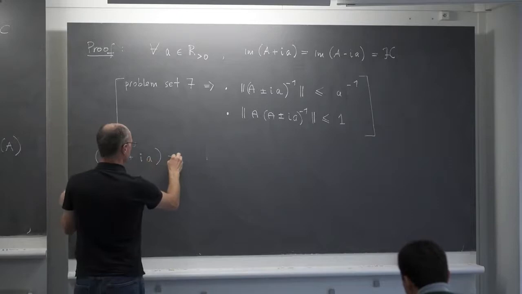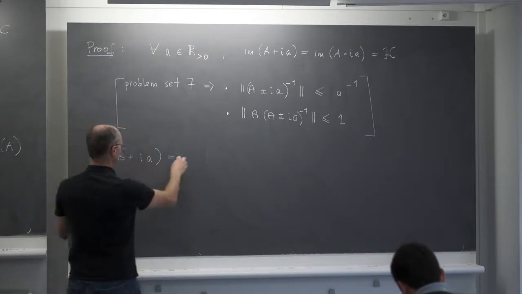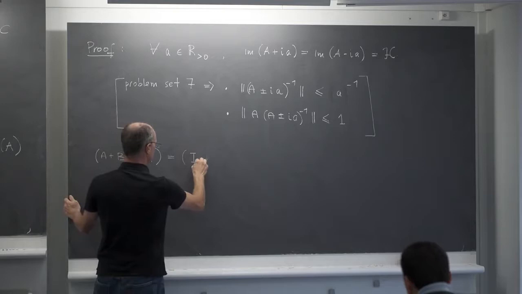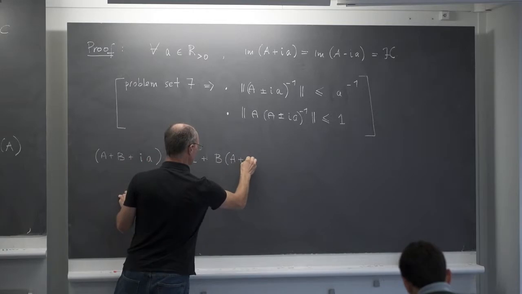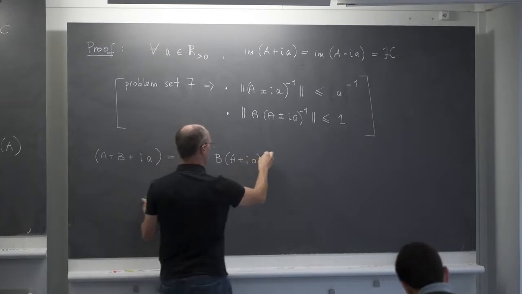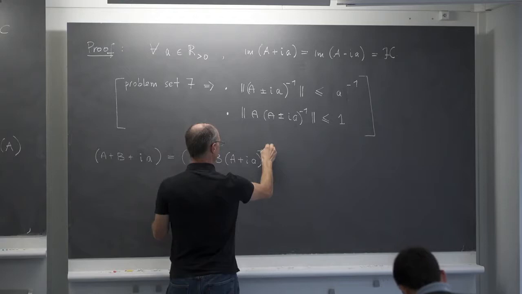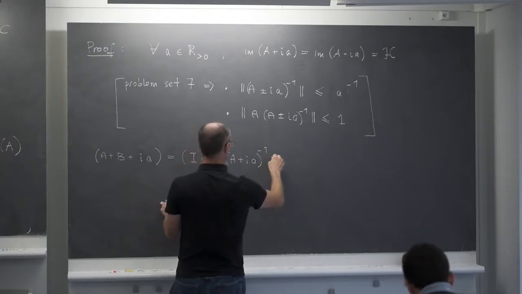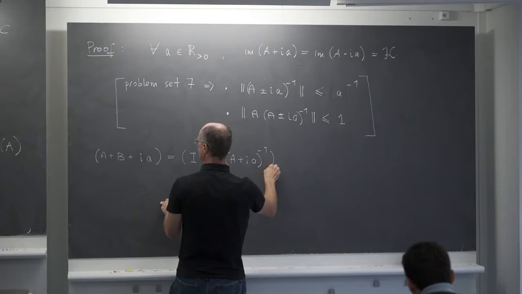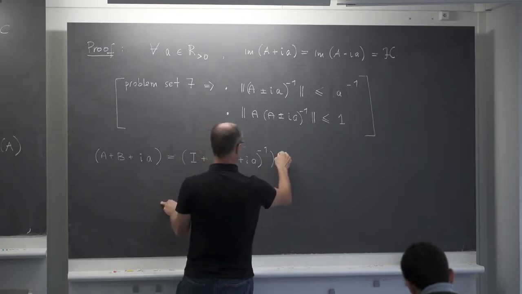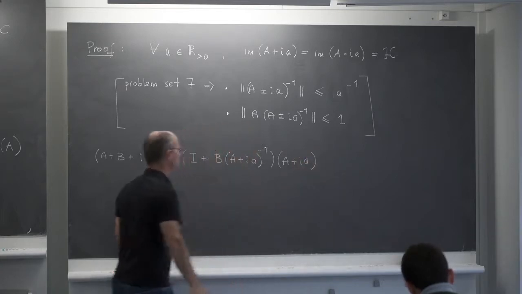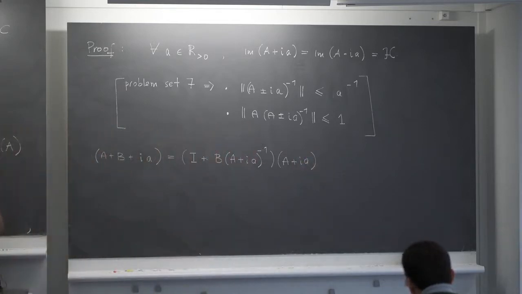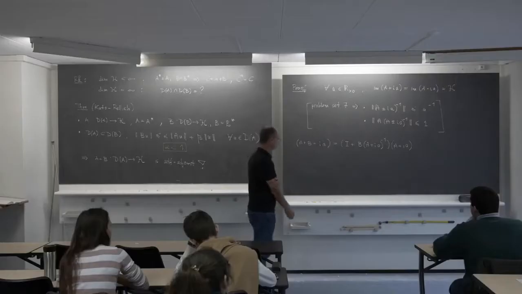And let me rewrite it in the following way: 1 plus B times (A plus iA) inverse, times (A plus iA), right? That's just an identity.